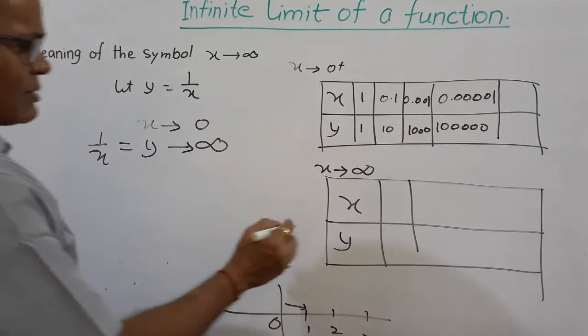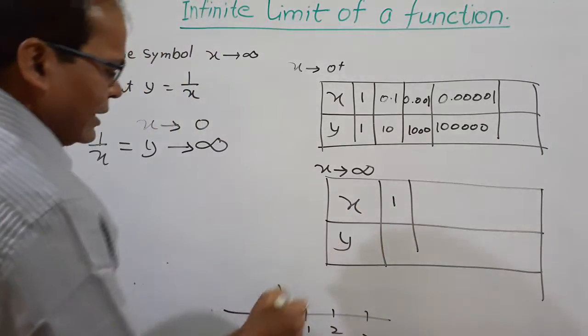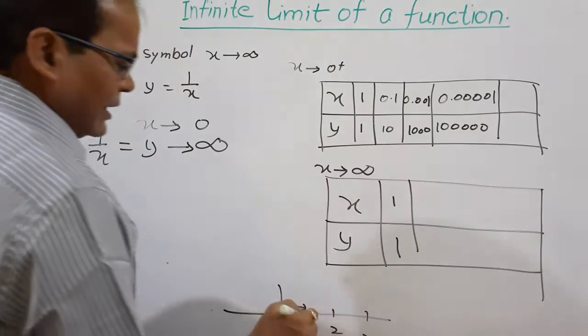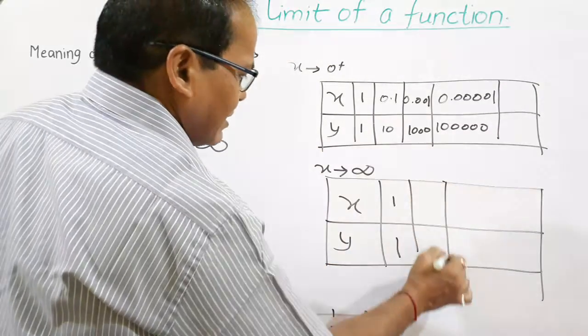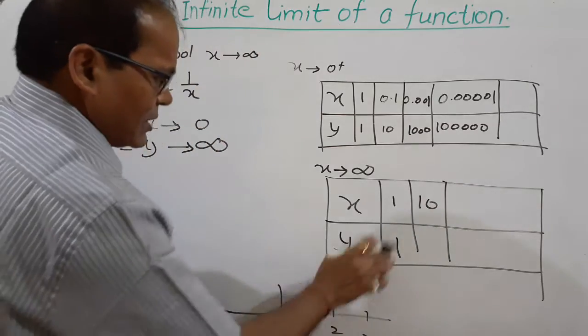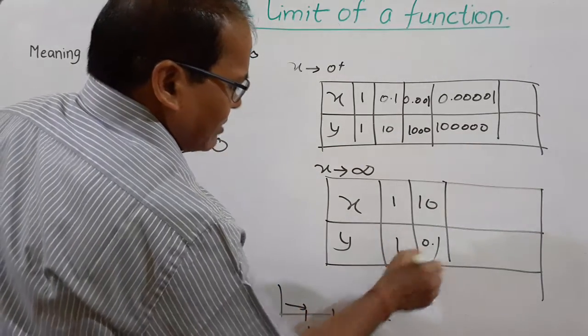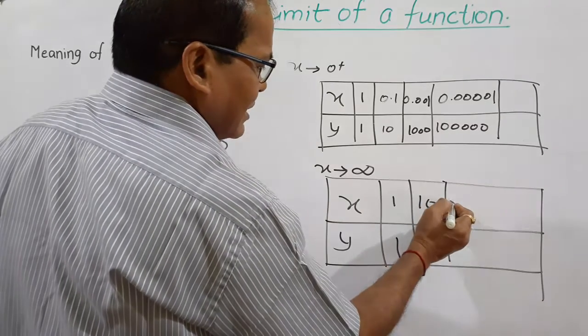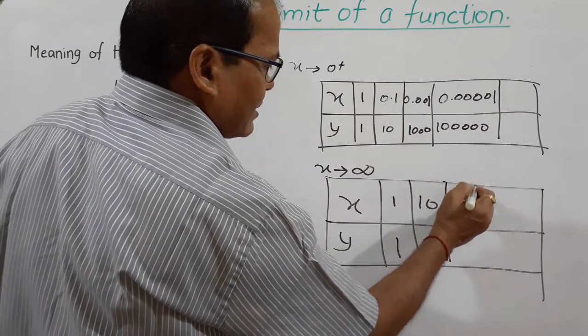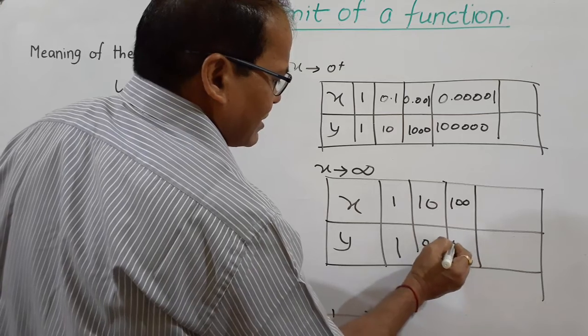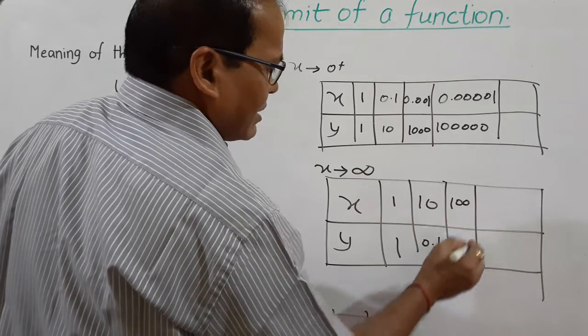So x is 1, then y you are getting 1. If x is 10, then 1 by 10, you are getting 0.1. If x is 100, then y you are getting 0.01.